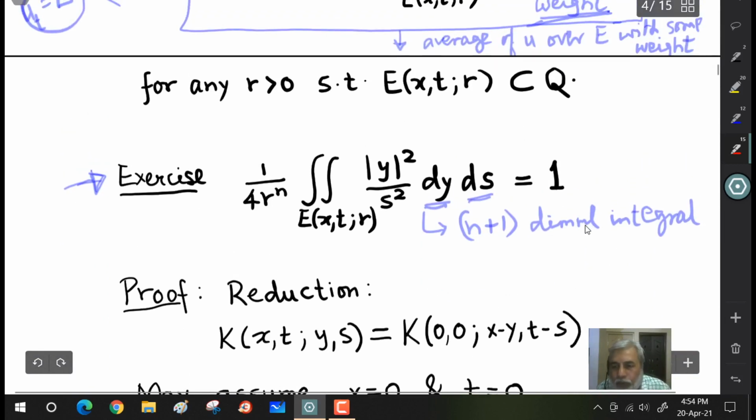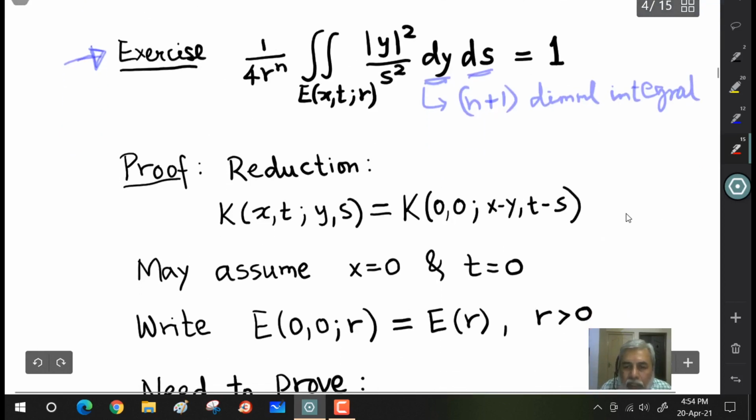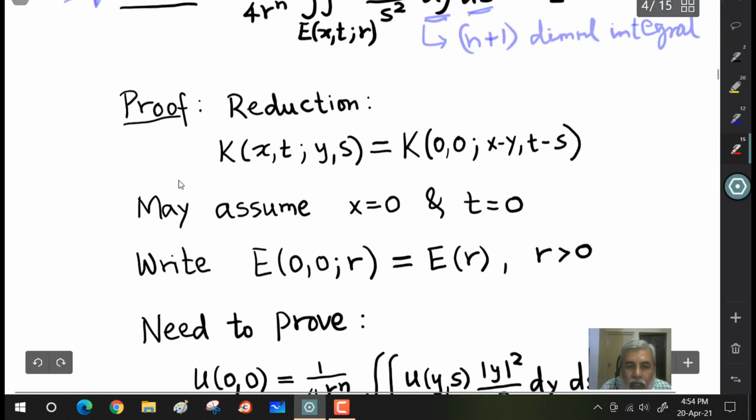So as I said, the proof involves several computations. So we'll start with a first reduction. Observe that the heat kernel K satisfies K(x, t; y, s) = K_0(x − y, t − s).